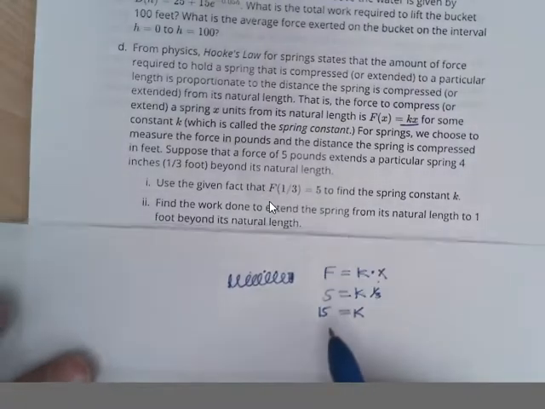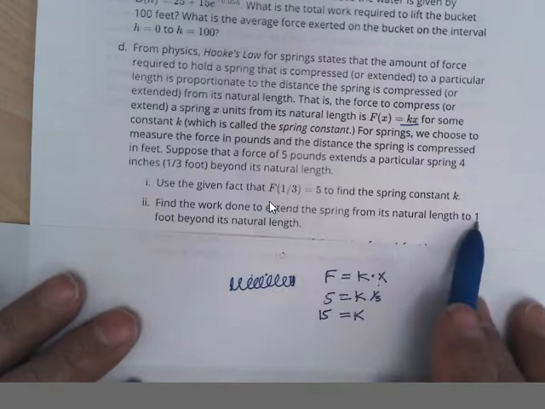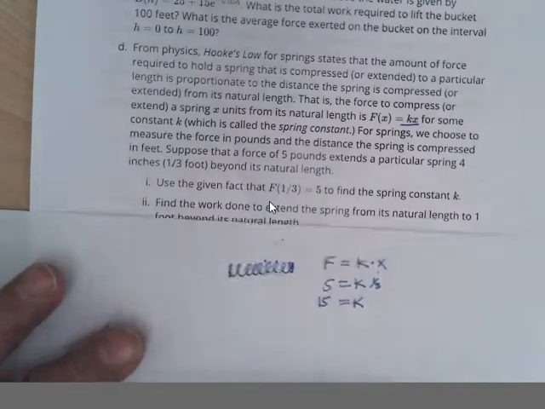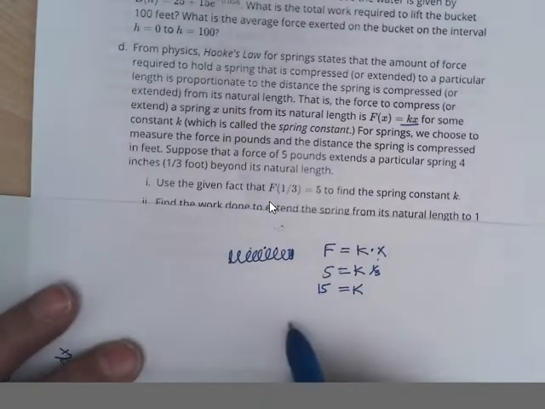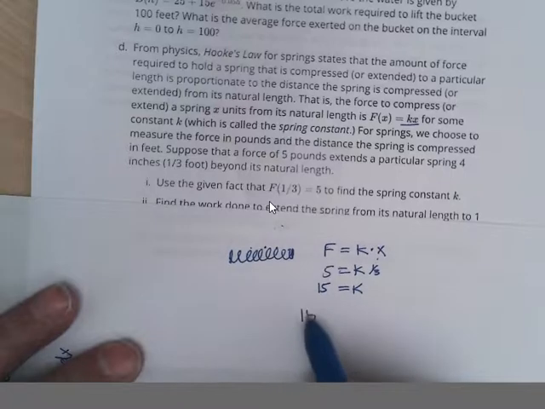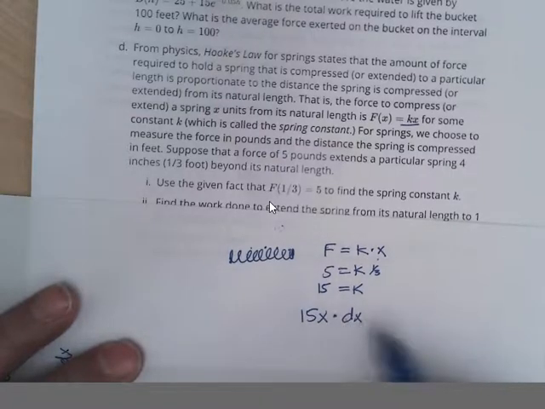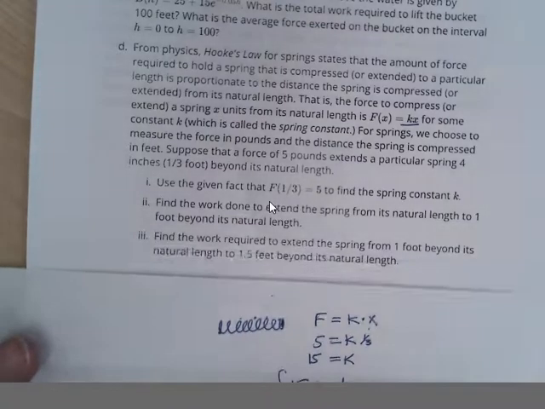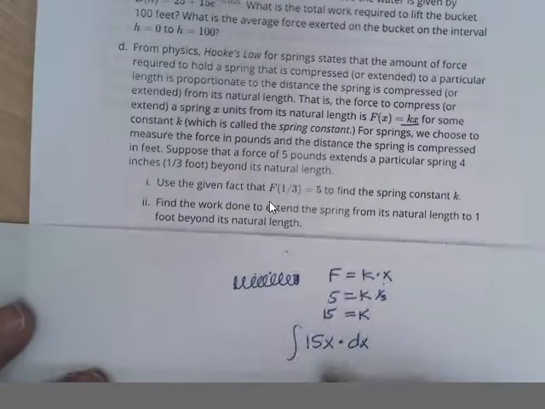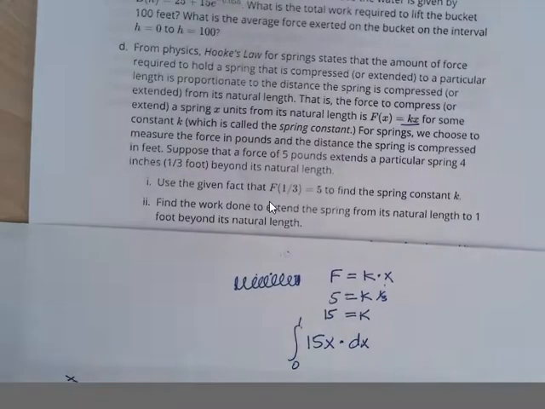Okay? So now, the work done to extend the spring from its natural length to 1 foot beyond its natural length. We're going to have the force, which is going to be 15x, times little distances that we change, add it up, and we want it to go from its natural position, which would be 0, to 1.